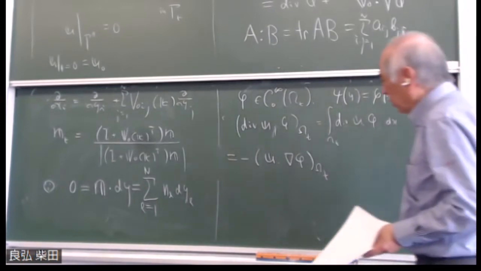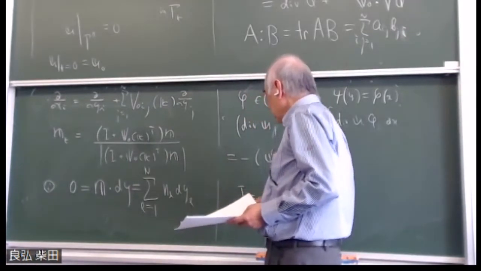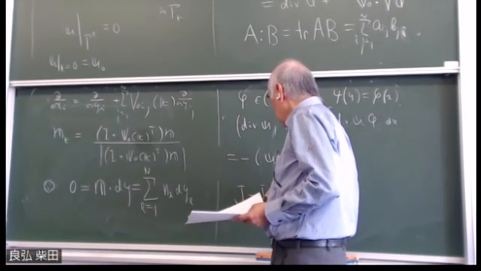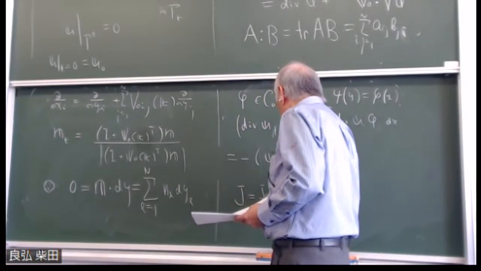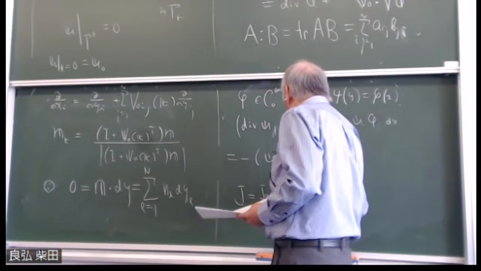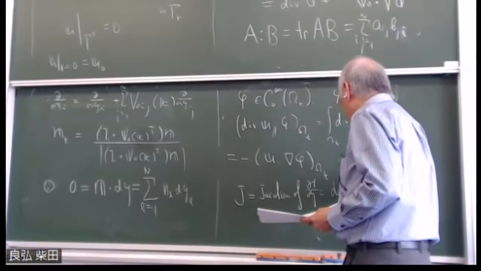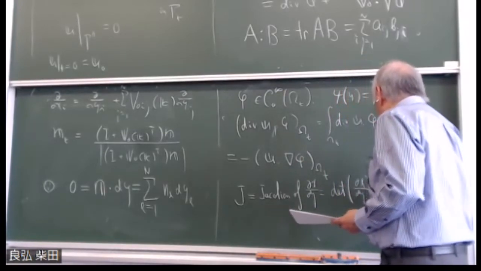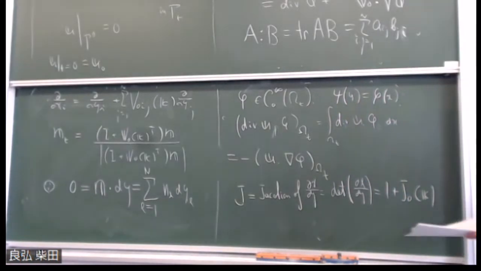Then change of variables. So let J be the Jacobi matrix, the Jacobian, of this, meaning the determinant, dx dy, 1 plus J0 k, for example.